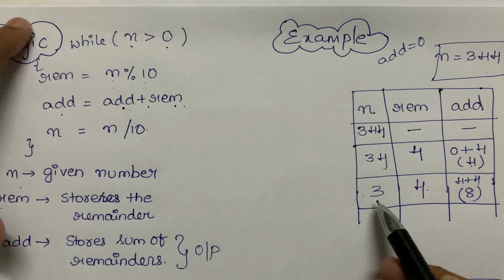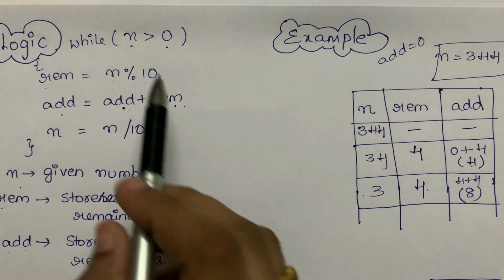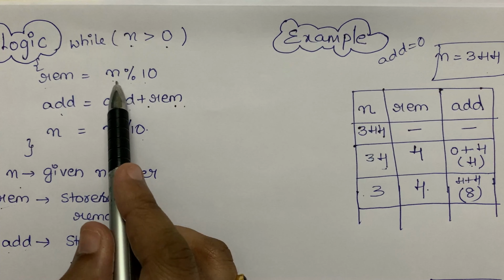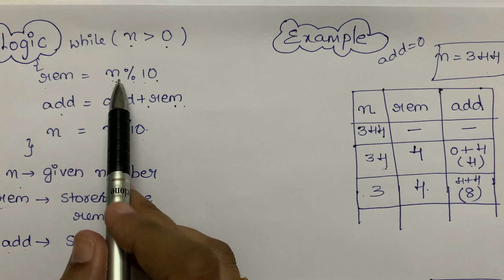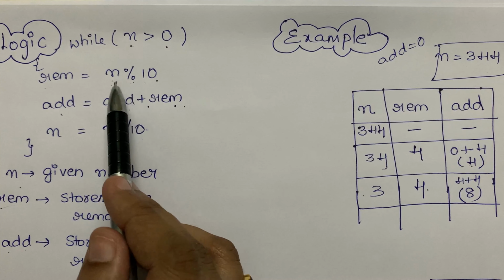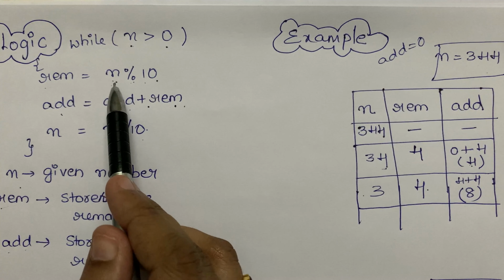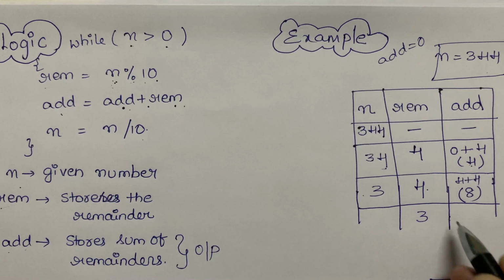Now again the loop repeats. What is the previous N value? 3. 3 greater than 0. Condition true, so it enters into the loop. 3 modulus 10 will be always 3. As I have said earlier, if x modulus y and x is less than y, the answer will be x. So here REM will be 3.